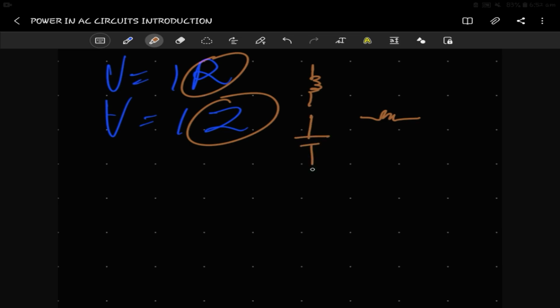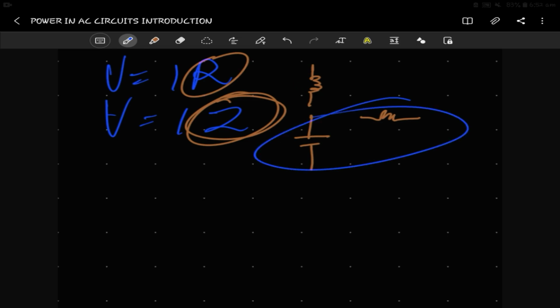Because of this, we introduce a Z here to show that the resistor is not the only passive element opposing the flow of current, right? So this here could represent a combination of these two, or a combination of these two, or all three, right? Yeah, so we saw that.